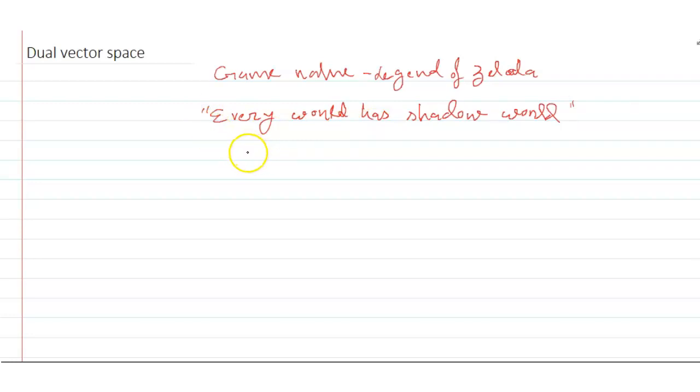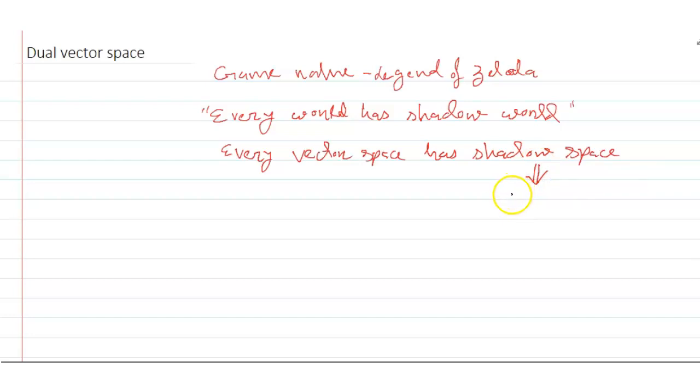Where it turns out every vector space has a shadow space. That space is called the dual space.